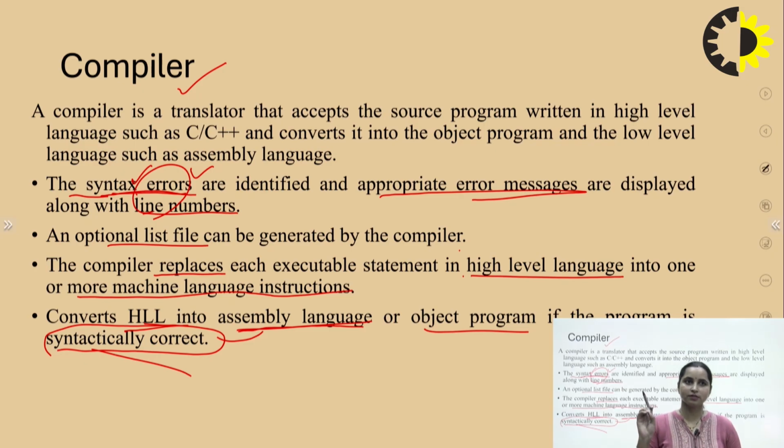The first step is to identify the syntax errors. Then the error messages are displayed. If the program is syntactically correct, then the high level language is converted to the assembly language. So this is the work of your compiler.